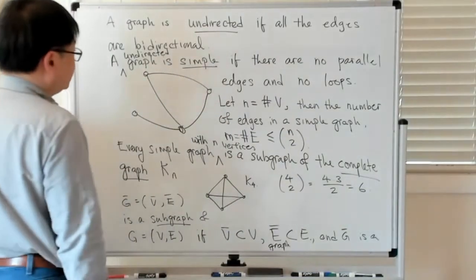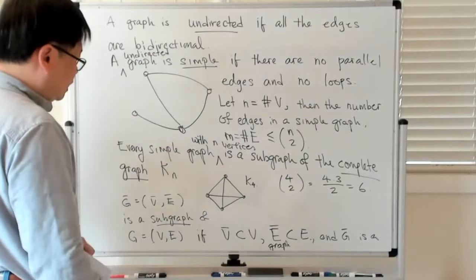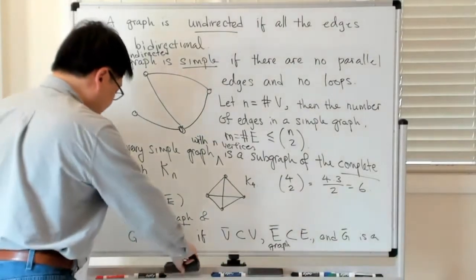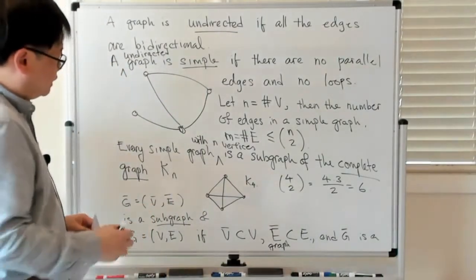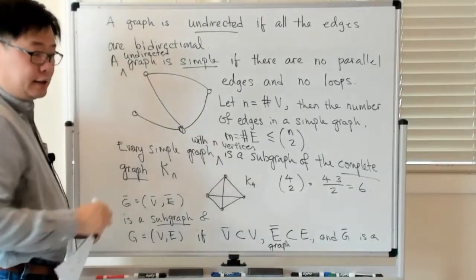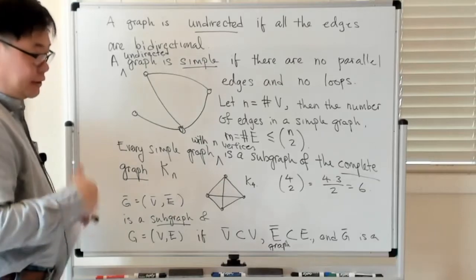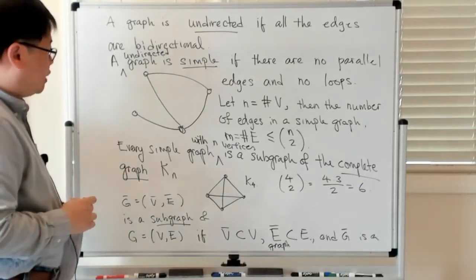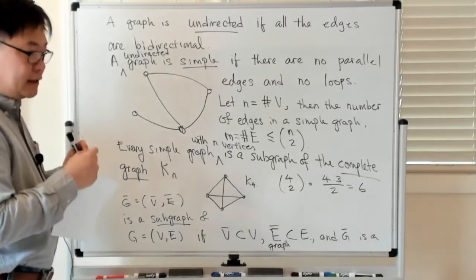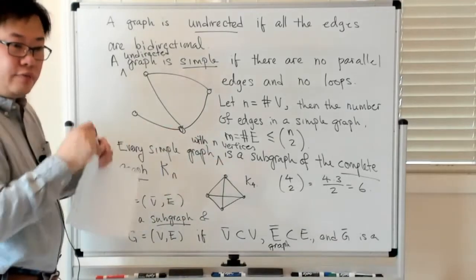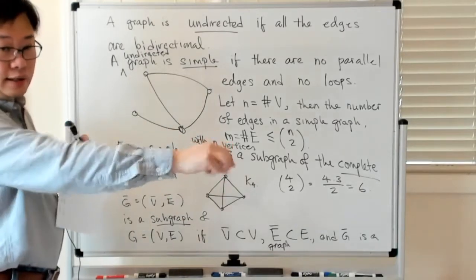With that in mind, the next question to ask is how can we make sense of the idea of connectedness? Part of this idea is that there's a transitive property: if A is connected to B and B is connected to C, then we oftentimes say that A is connected to C as well.